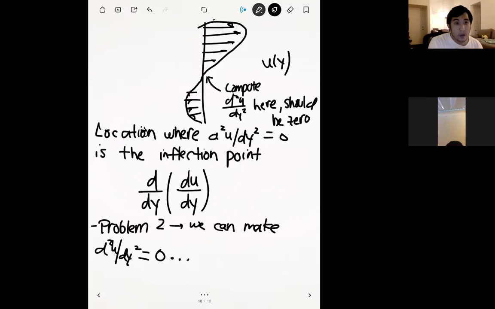The way that we did that was basically adjusting the slope of the ramp until it was 0. What was unique about that flow, and which is actually not indicative of a lot of flows, is that once we set the ramp at that height, the second derivative of velocity is going to be 0 everywhere.